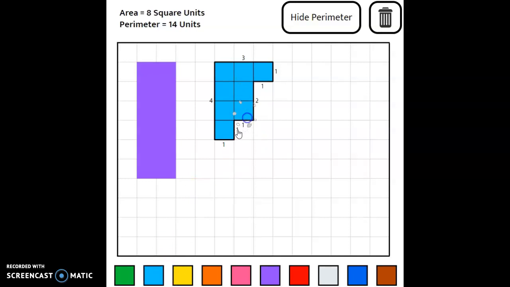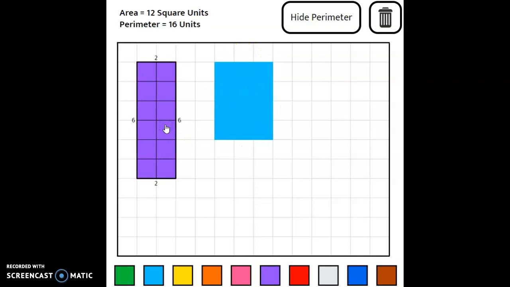Okay, so I'm going to do 3 rows of 4. And I can see 2 different shapes. This one has an area of 12 because it has 4 rows of 3, and I can count my 12 blocks. And this one has an area of 12, and I can see 2 rows of 6.